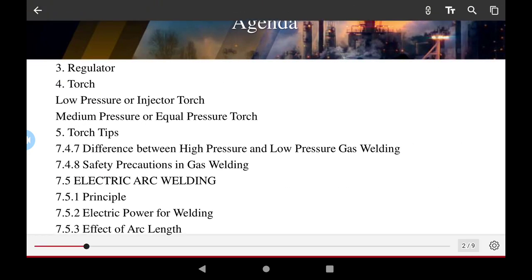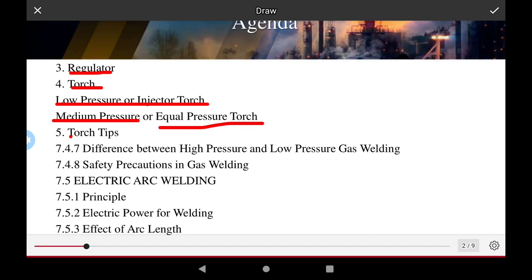Agenda for today. In this video we present some equipment of welding: the regulator, torch, low pressure injector torch, medium pressure equal pressure torch, and torch tip.